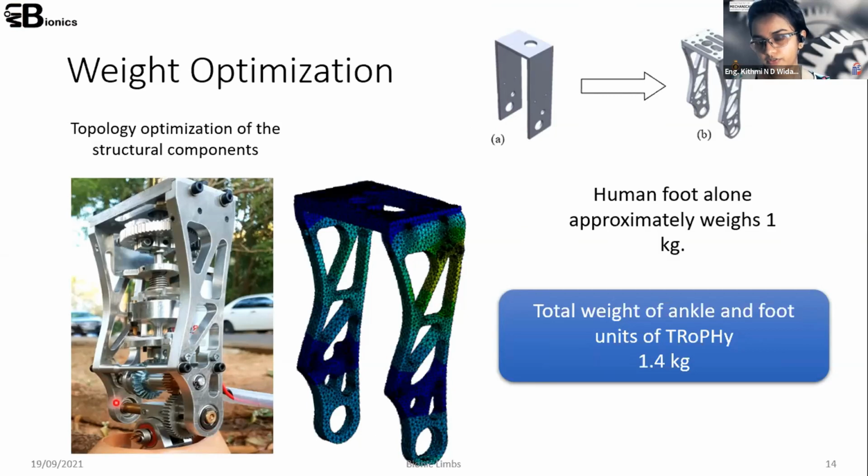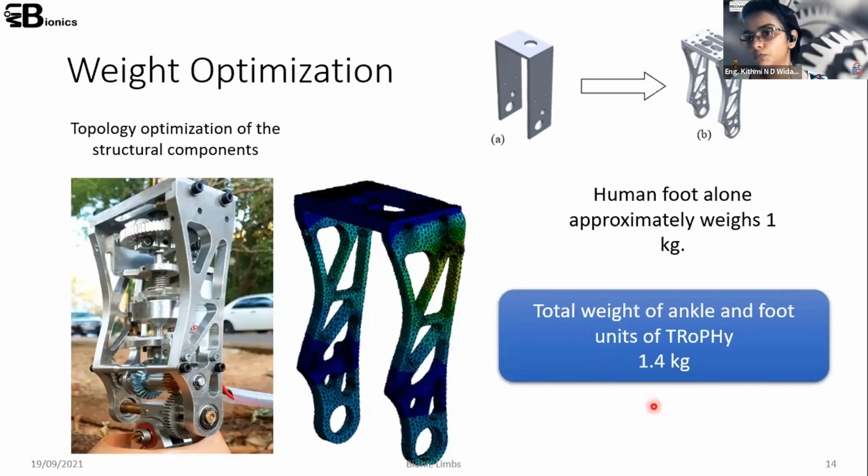For the external structure of the device, we started from a structure like this, and we simulated this structure on software like ANSYS, and then we provided some dynamic load for the structure, and then we identified what the stress distributions in this structure are, and depending on that, we identified which parts can be safely removed without making the device vulnerable. So that is how we came up with this structure.